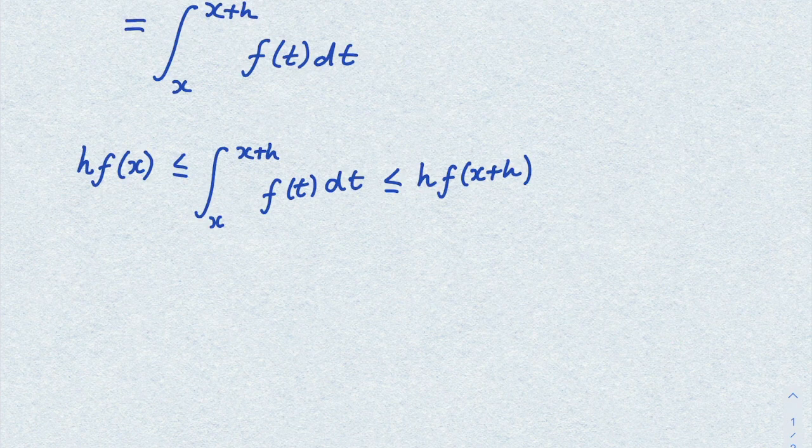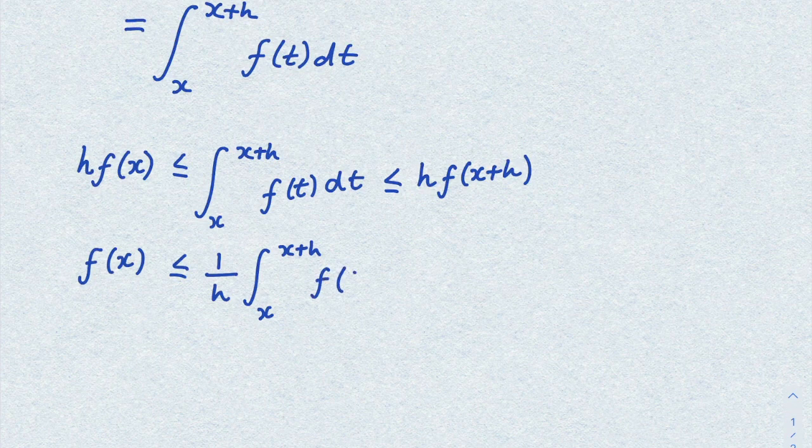Then what we can do is divide this inequality through by h. So we're going to get lowercase f of x is less than or equal to 1 over h of the integral from x to x plus h of lowercase f of t with respect to t, which is less than or equal to lowercase f of x plus h.